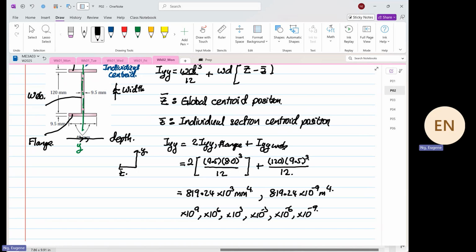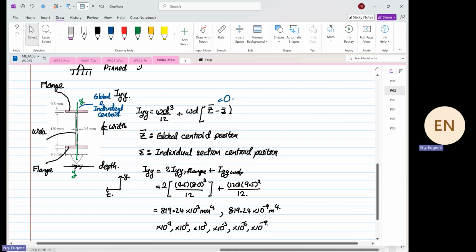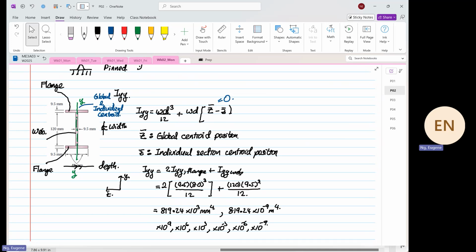Are we clear? Why is that? Why do we have to use engineering units? So when you do conversion, it's going to be much easier. Are we clear? Or not, it's going to be mayhem for you and for me. Okay. So now you can see what we have for IYY.